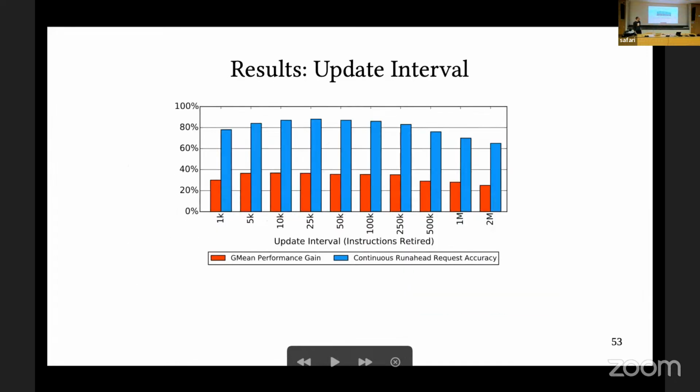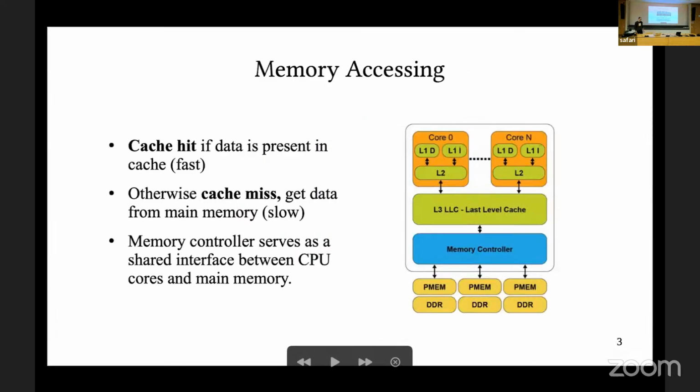Another thing is the update interval. We talked about how often a core sends new dependency chains to execute. Here we have the performance, the mean performance and request accuracy. As you can see, there's a sweet spot between 10K and 100K. Why that is not too complicated.